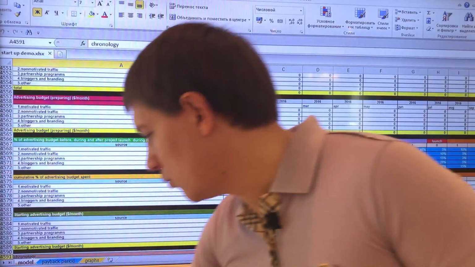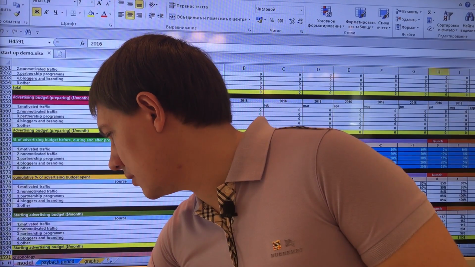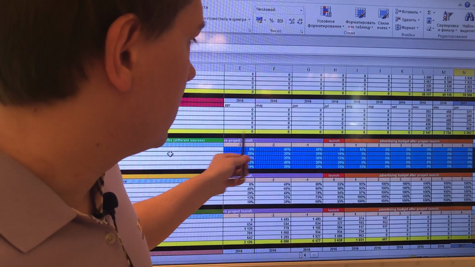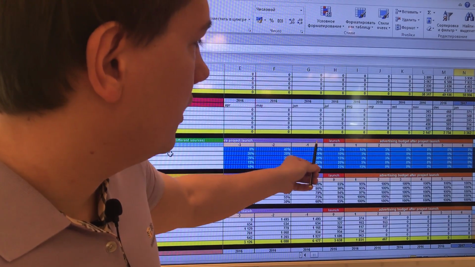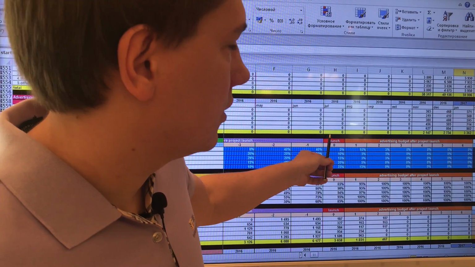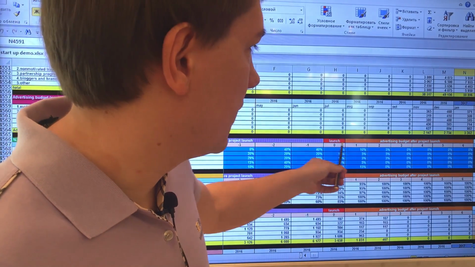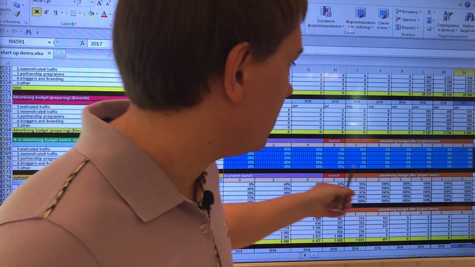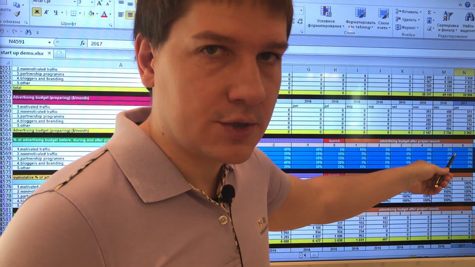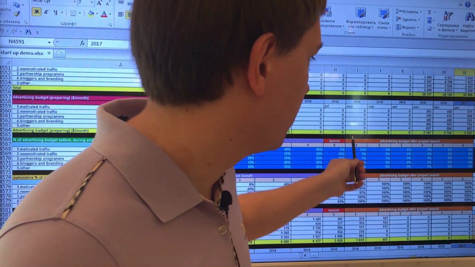Then we have the moment of the pre-launch stage, the month of launching our online game, and here are the first 6 months of operational activity of our startup.